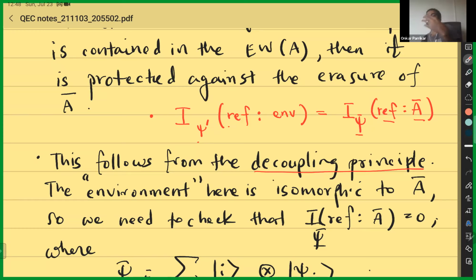This is because the environment you can think of as just another copy of A bar, and the joint unitary just swaps the state on environment and A bar. We discussed this in the last lecture. So the calculation on the left-hand side is completely equivalent to computing the mutual information between reference and A bar on the original maximally entangled state on the code subspace.